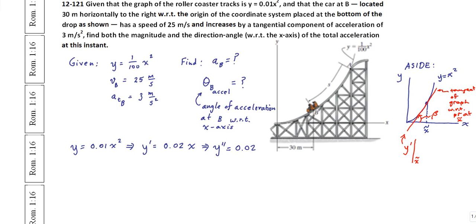If that's beta, then I know that the tangent of beta, so this was one point, that red line that is tangent to that point of interest is gotten by y prime, the first derivative of the curve. And then the other point that I wanted to make in my little aside here is that tangent of beta is equal to that y prime at x tilde.